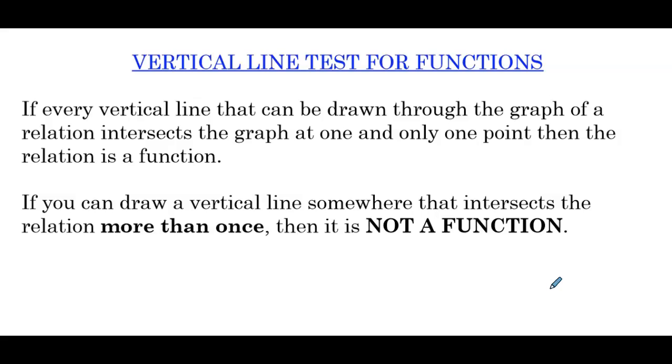And the reason why is the vertical line represents an input value, and we're checking to make sure that that input, that x value, has only one output, only one point of intersection. If it has multiple points of intersection, that's telling us in the relation, if we input that x value, we'd output multiple outputs.